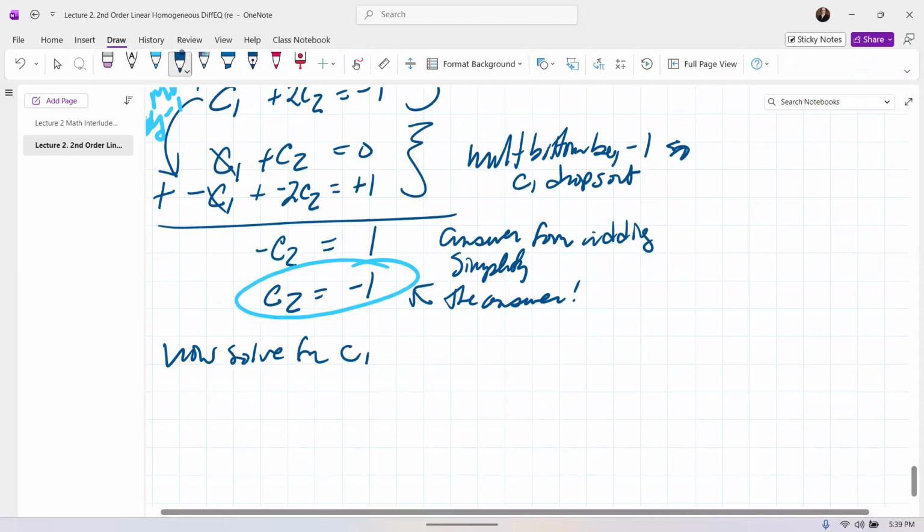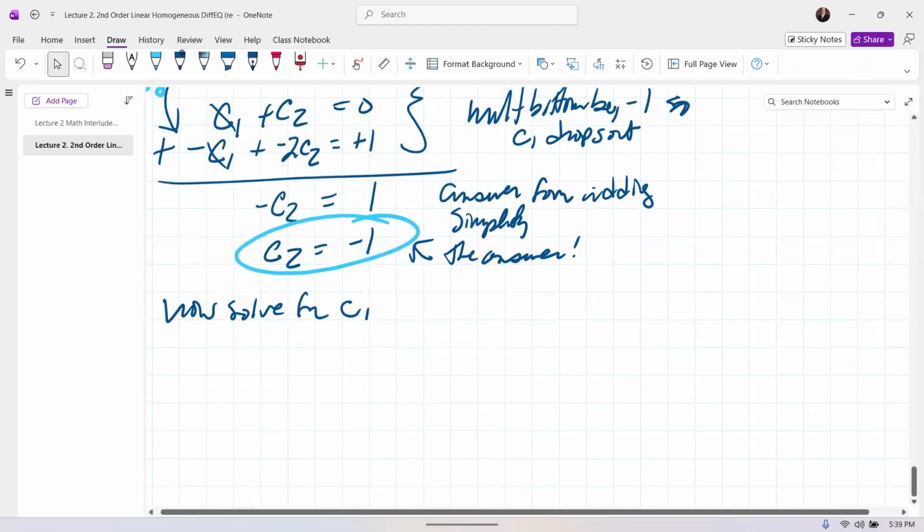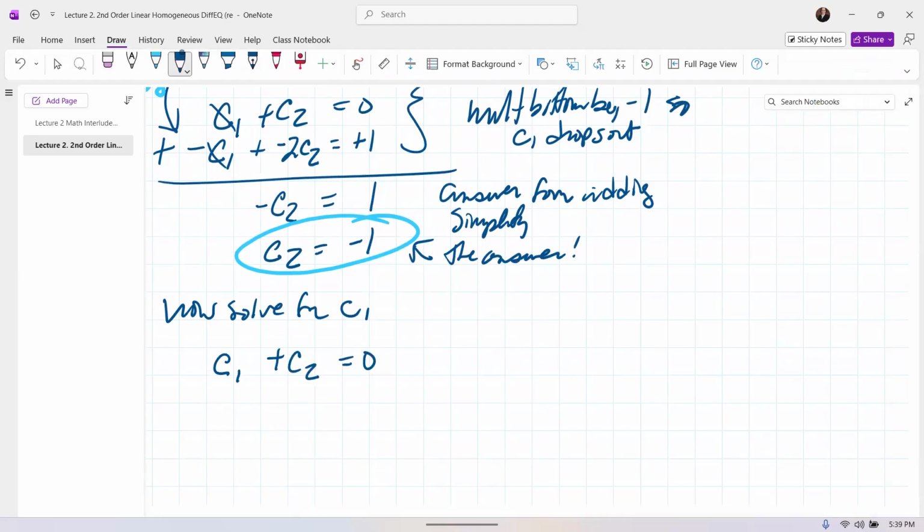So now we need to go back and solve for C1. In order to do this, we do it like this. C1 plus C2 equals 0. This was one of the equations. Select an equation from the system, preferably the easier one. I mean, why make life hard?